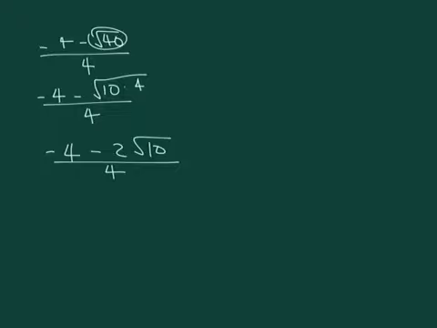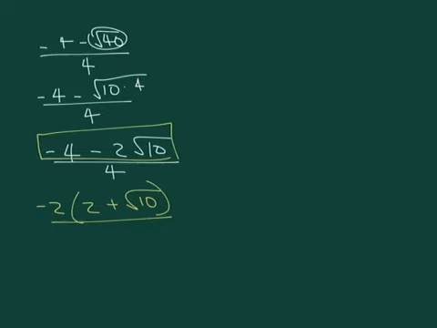write it as two fractions, but I'm going to show you another trick, and you're like, oh really, Gary, you're going to show me another trick? I'm so sick of tricks, I'm so lost. But we can look at this top here and factor a negative 2 out, and we're left with that.